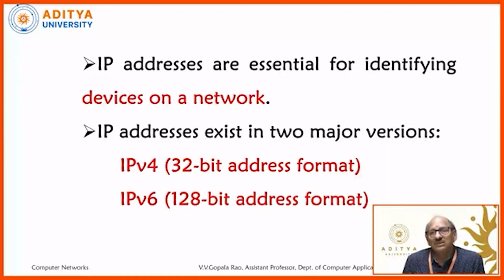And of course, IP version 6 is the extension of IP version 4, where the address is slightly extended to 128 bits, so that more number of identifications or designations can be given to more number of devices. So that is why IP version 6 is more and more prominent, to cover more number of devices, to call them by their addresses.